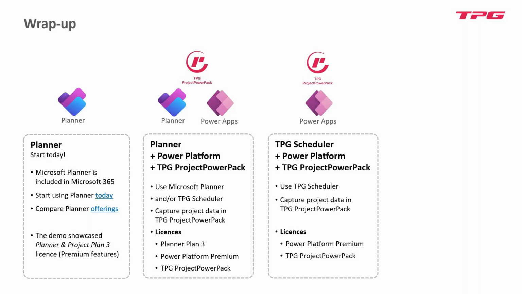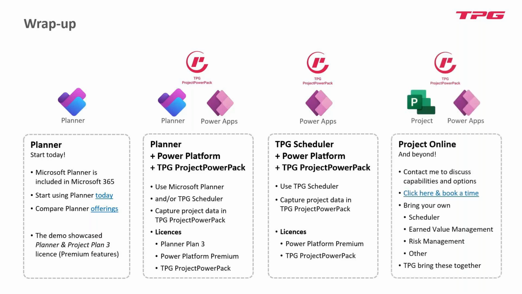Maybe you don't want to use Planner, that's an option. You could just use TPG's Project Power Pack and the Power Apps and use our scheduling tool. So again, that is another option for you. Why might you do that? If you've got specific needs around multi-project management, if you've got very large schedules, then we can support that.